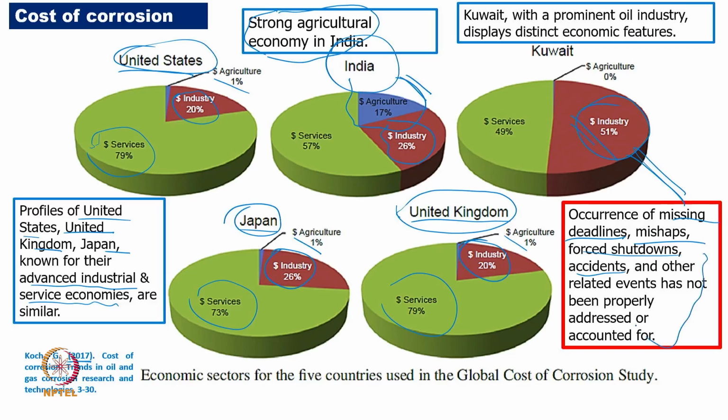So these kinds of costs have not been accounted for appropriately. Maybe some industries are doing it, but it is not available in open documents. So there is a need for more and more data to take the right decision. In my view, what we have been exposed to is only 50% of the corrosion problems, or maybe the financial losses caused by corrosion are only 50%, but in reality it can be at least 2 times.